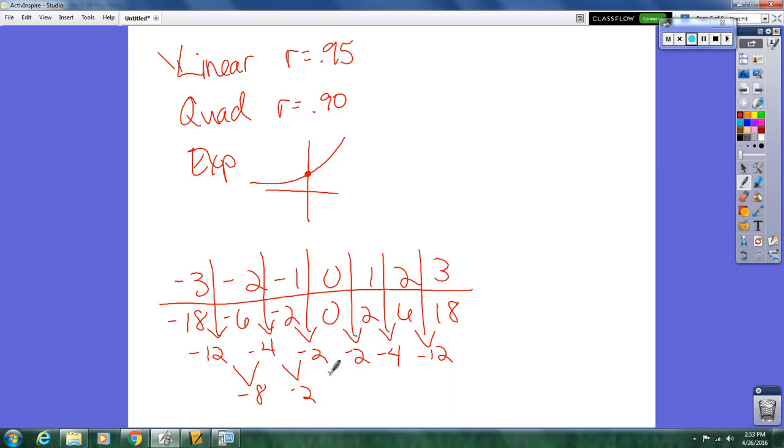Negative 2 minus negative 2. Negative 2 minus negative 4. And negative 4 minus negative 12. Is the second difference constant? No. So these numbers weren't the same. First difference is not the same, so it's not linear. These numbers were not the same. So the second difference wasn't constant, so it's not quadratic.